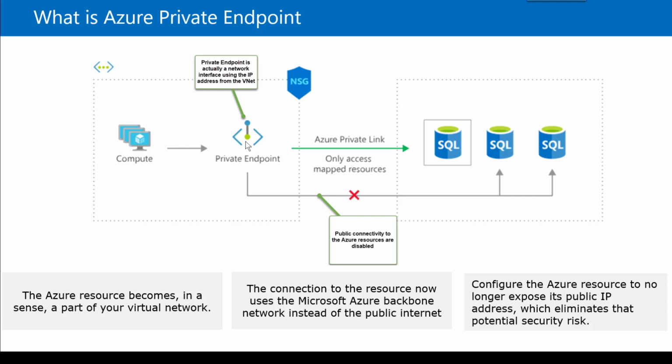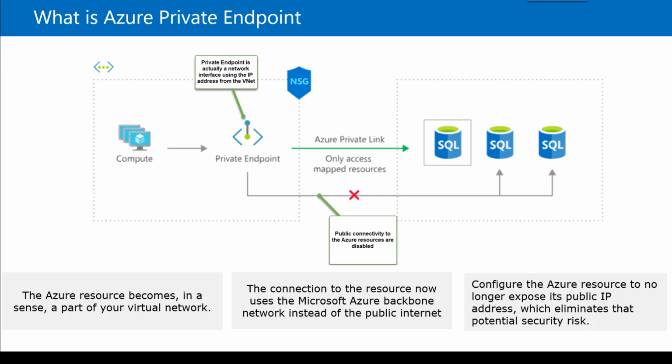That the Azure resource here is a part of your virtual network, because it is nothing but a NIC, network interface. And the connectivity which goes to the Azure service goes via the Microsoft Azure backbone. Microsoft has its own Azure backbone network, and that is secure. That means it is not going via the public internet, and if it is not going via the public internet, you are making it more and more secure. So this is the advantage of using a private endpoint.